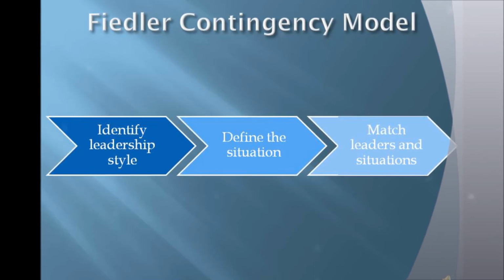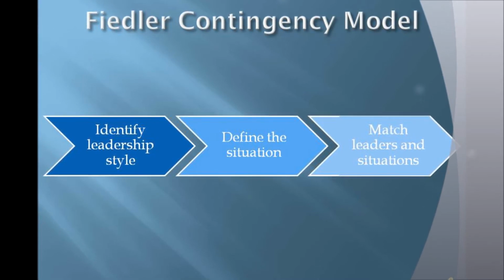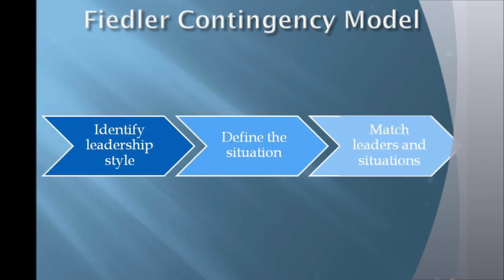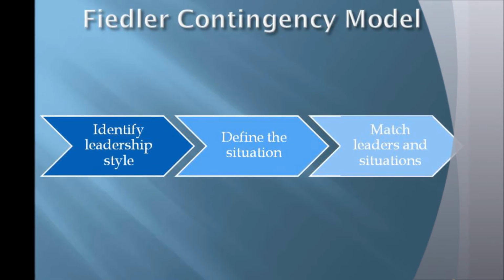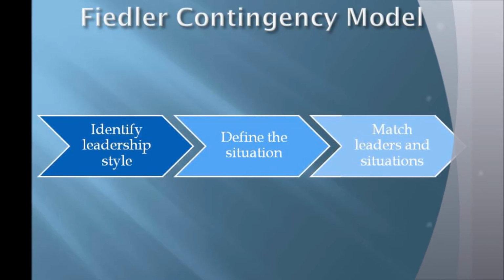For example, the better the leader-member relations, the more highly structured the job, and the stronger the position power, the more control the leader has. The final step is to match leaders and situations. Combining the 3 contingency dimensions yields 8 possible situations in which leaders can find themselves.